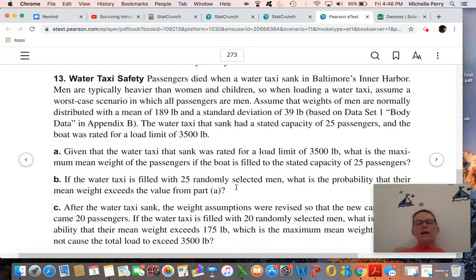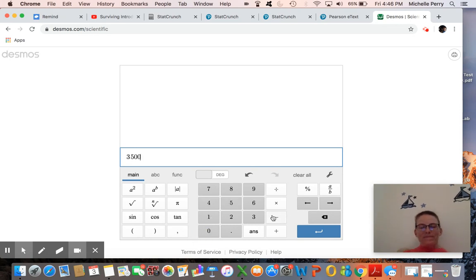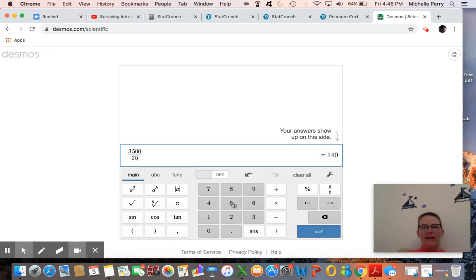So if we think about how much each one of those men could maximally weigh, first of all, we take our 3,500 pounds. I'm in Desmos for calculator purposes. Then I'm going to divide that by 25, because 25 references the maximum number of passengers, which we have to evenly distribute that out among, knowing that the maximum weight capacity is 3,500 pounds.